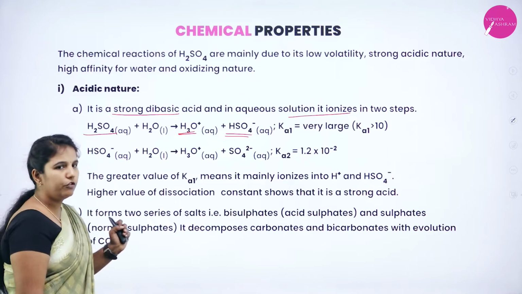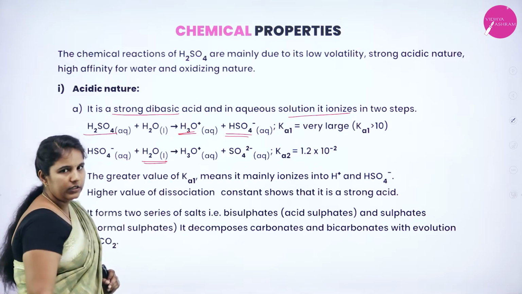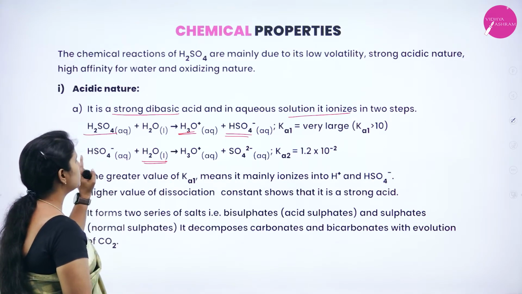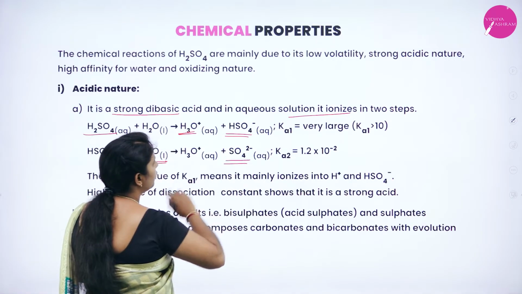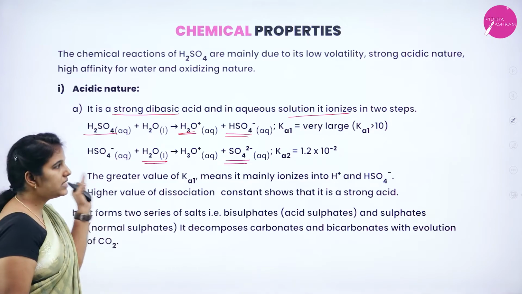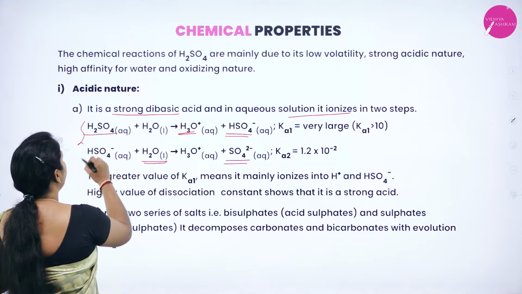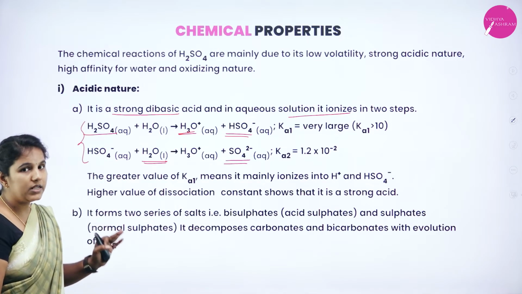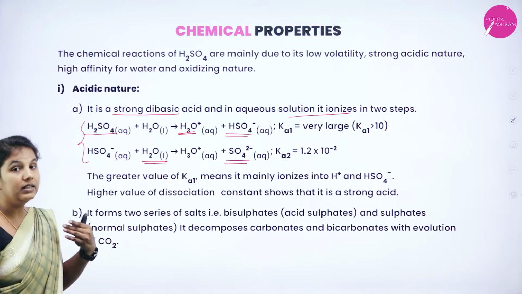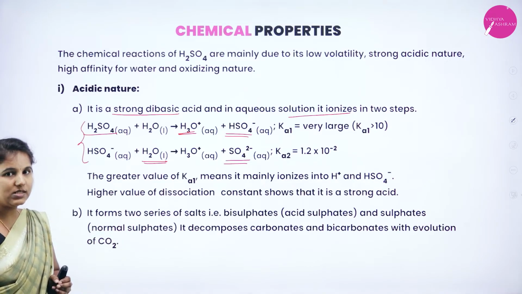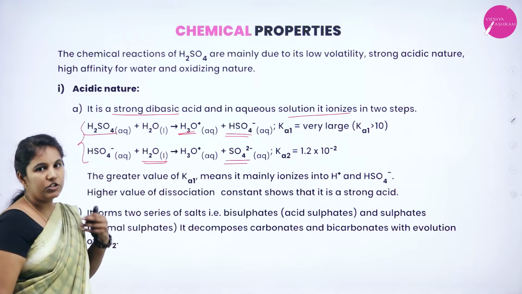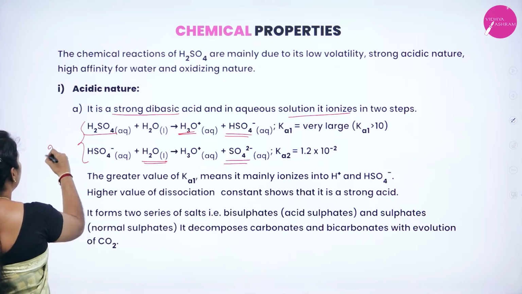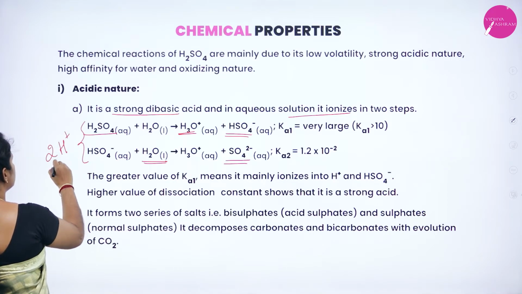Similarly, that HSO4 minus, if you treat it again with water, loses one more hydrogen ion and becomes SO4 2 minus. This reaction indicates that it can readily undergo ionization, where it can easily give rise to the H plus ion. Hence it is known as what? Dibasic acid, which gives rise to two H plus ions.